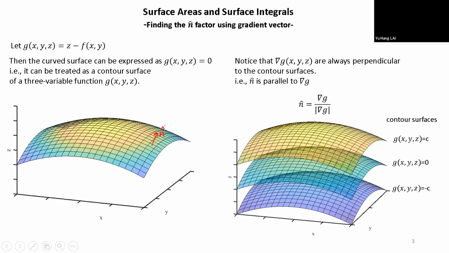So if we take the gradient of g, we will find the vector that is normal to this surface. However, the gradient may not be a unit vector. It can be a long vector or a short vector, but we only want the direction, because we only want a unit vector. That's not difficult. We just take the gradient and divide it by its own magnitude. Then we'll find the normal vector n.